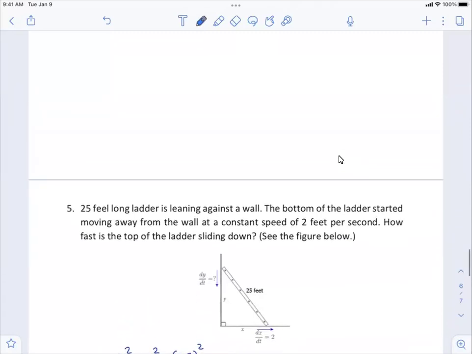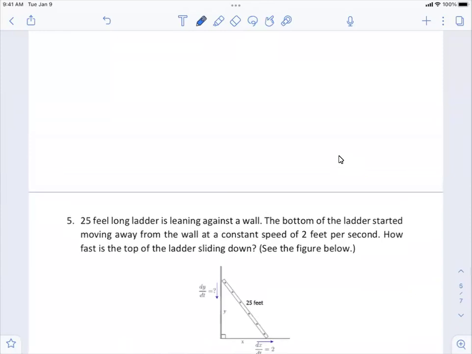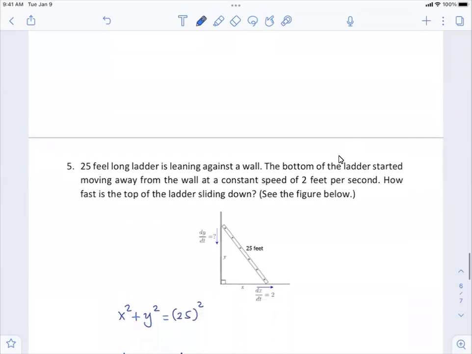A 25-foot-long ladder is leaning against a wall. The bottom of the ladder starts moving away from the wall at a speed of 2 feet per second. So the bottom of the ladder starts sliding away, and in the meantime, the top of the ladder, of course, starts sliding downwards.